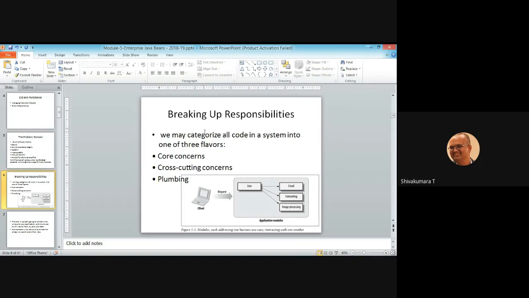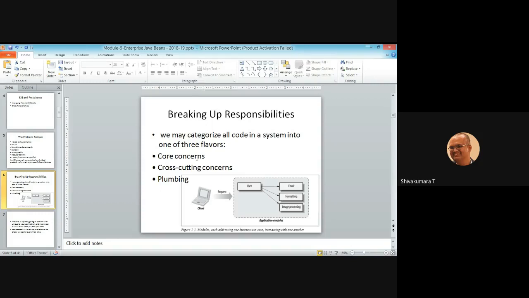If you want to develop a sophisticated and good software project, you need to adopt some responsibility, and you cannot do it independently. You need a team of people. So the responsibility will be broken down into three different phases: core concerns, cross-cutting concerns, and plumbing.